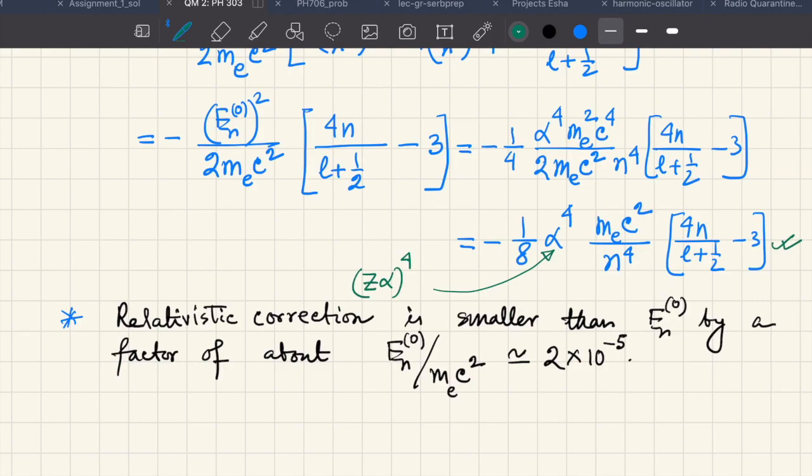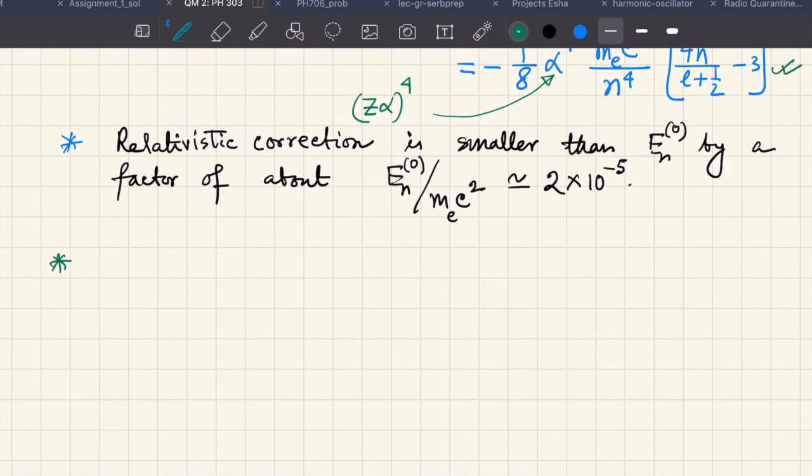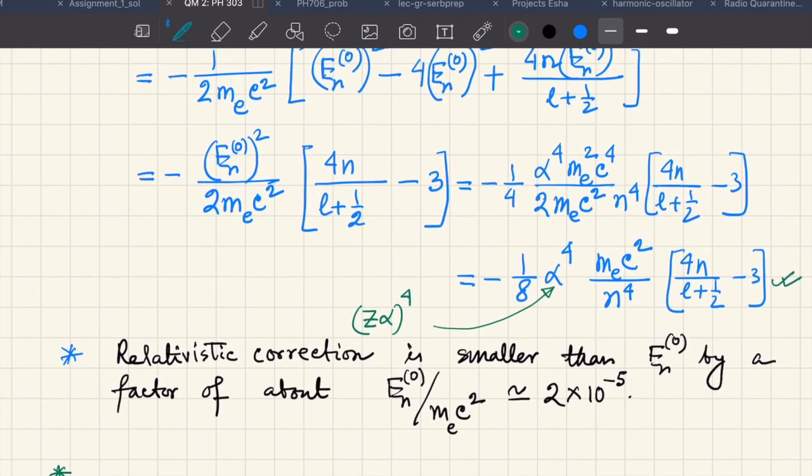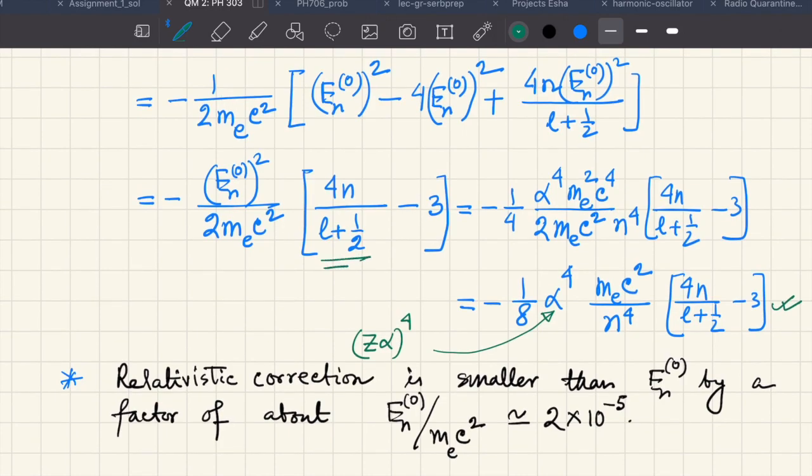Now again, you note another important fact, that the complete degeneracy of l multiplets for a given n in this expression has been broken, because your expression is now dependent on l.